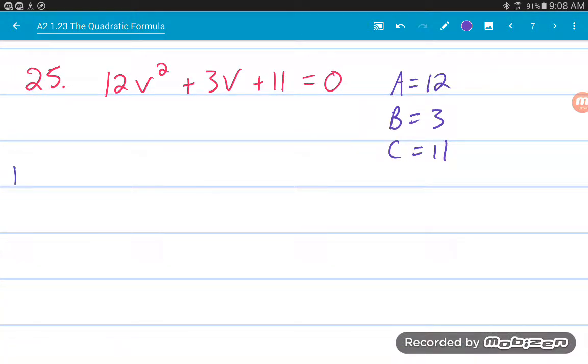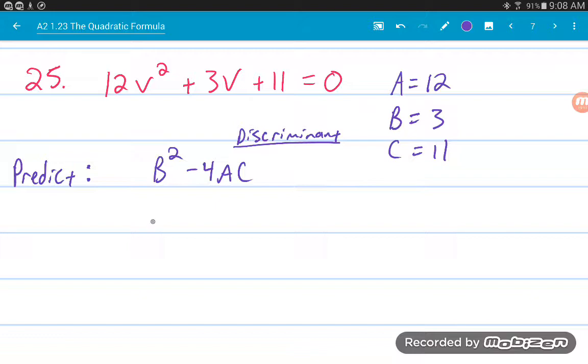Now I'm going to predict first what the roots are going to be by plugging into b squared minus 4ac, the discriminant. When I plug in, I'm going to get 3 squared minus 4 times 12 times 11.